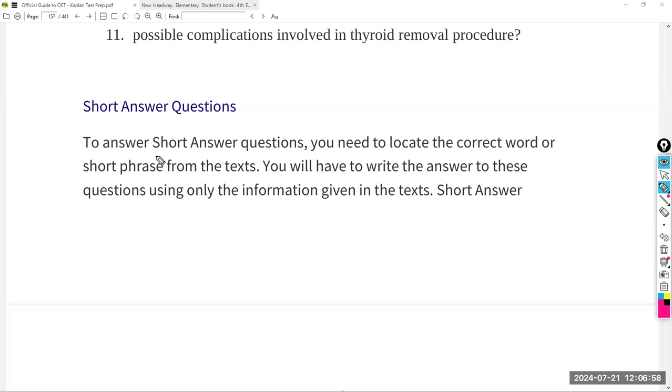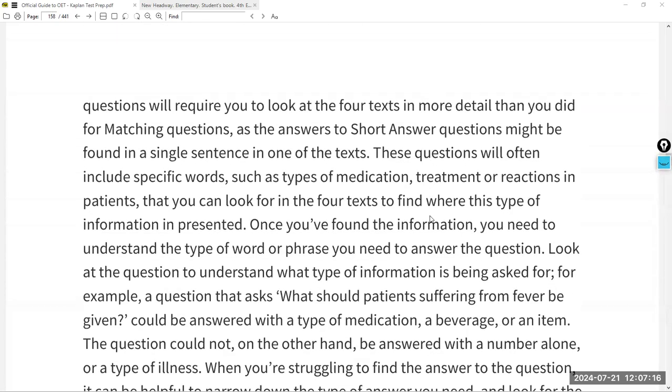Okay, now to answer short answer questions, you need to locate the correct word or maybe short phrase from the text. You will have to write the answer to these questions using only the information given in the texts. Now, short answer questions will require you to look at the four texts absolutely in more detail.